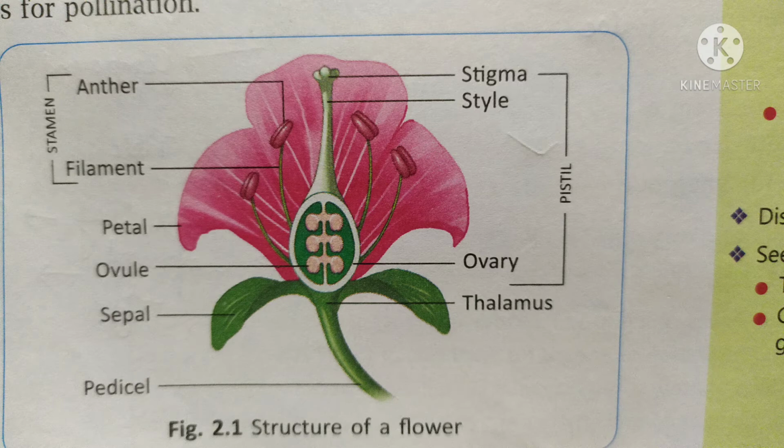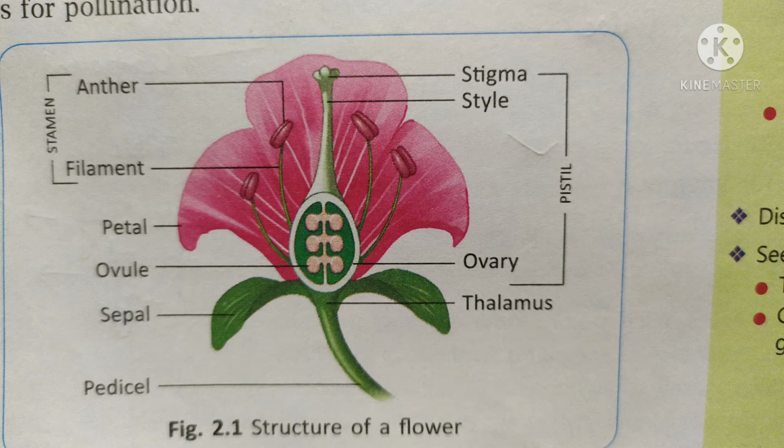The tiny leaf-like structures are known as sepals, and sepals form the calyx, which is the outermost whorl. A group of sepals is referred to as calyx. The role of the sepals is to protect the inner whorls of flower. So the outermost whorl is known as calyx.